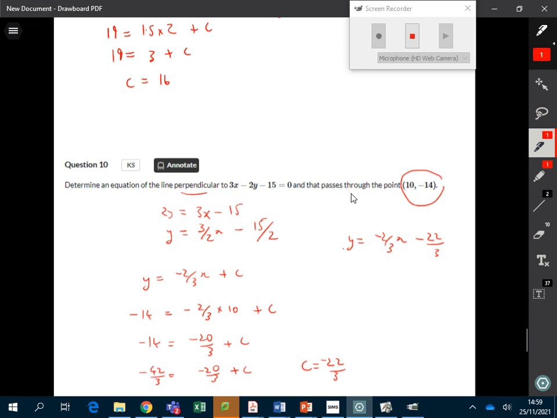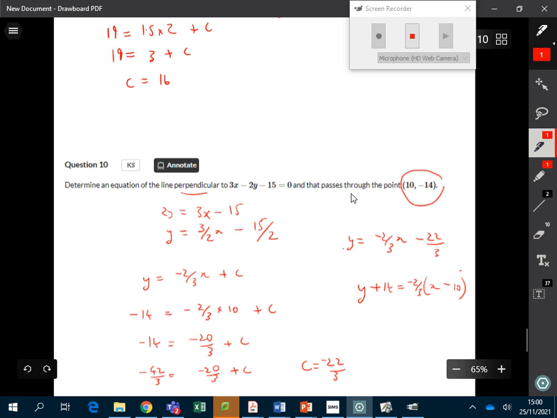Or alternatively, you could say y plus 14 is equal, using the other formula, to the gradient, which we said is minus 2/3, times x minus 10.